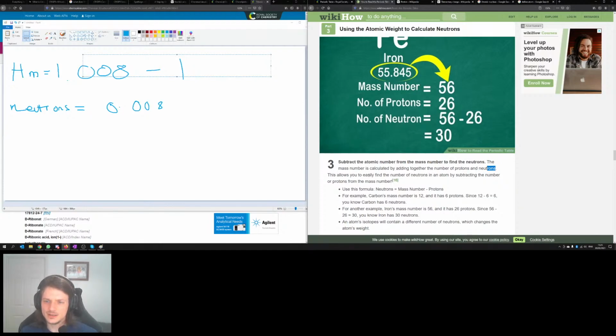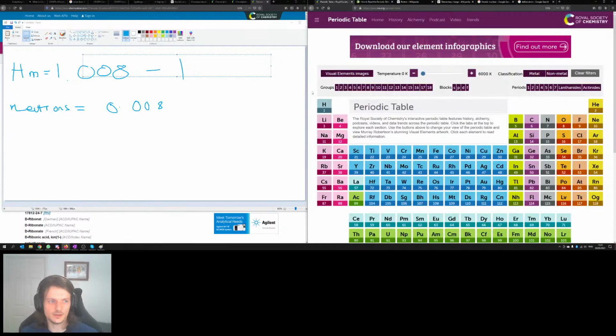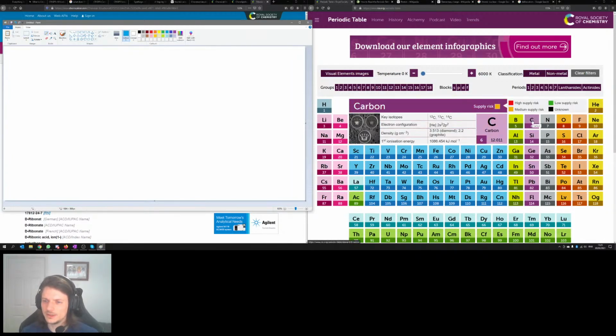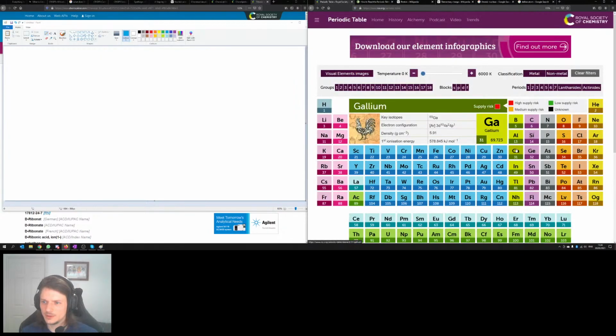This allows you to easily find the number of neutrons in an atom by subtracting the number of protons from the mass number. Use this formula: neutrons equals mass number minus protons. For example, carbon's mass. Okay, let's see if we can do carbon. So carbon's over here. It's going to be 0.11 neutrons. Carbon's mass number is 12. Are we in agreement?